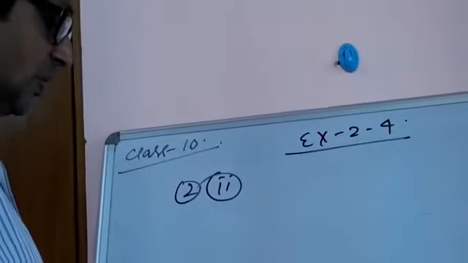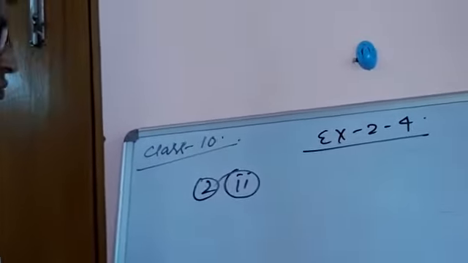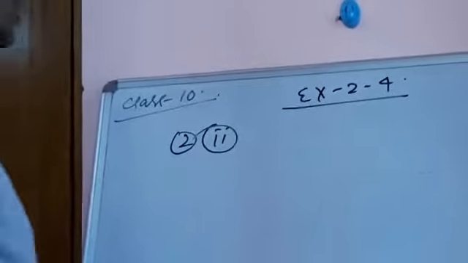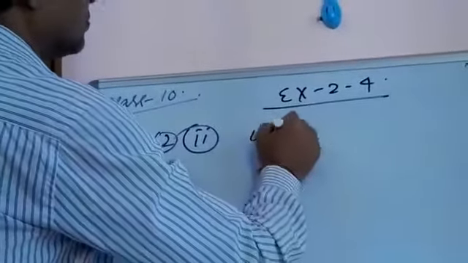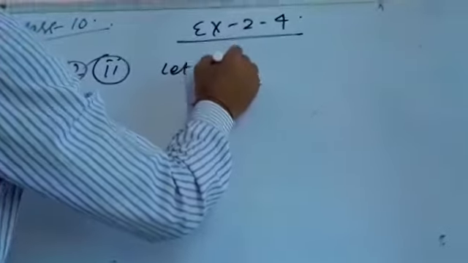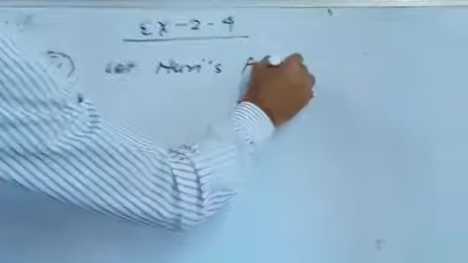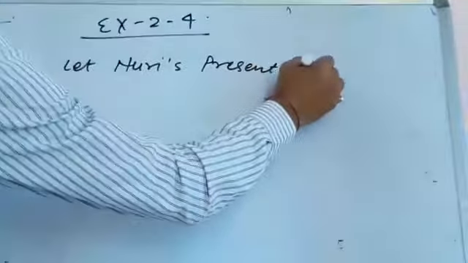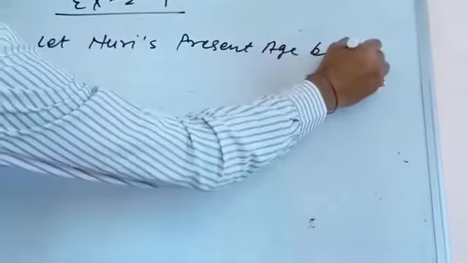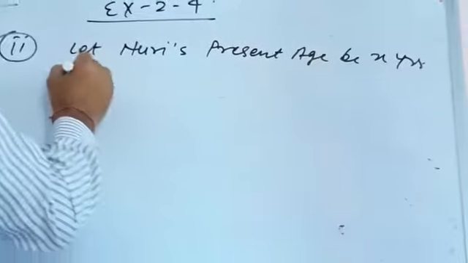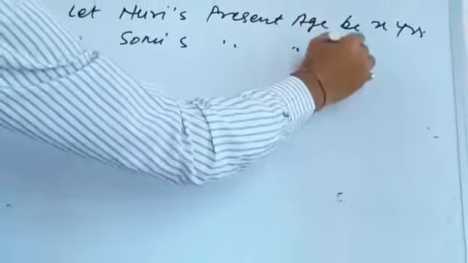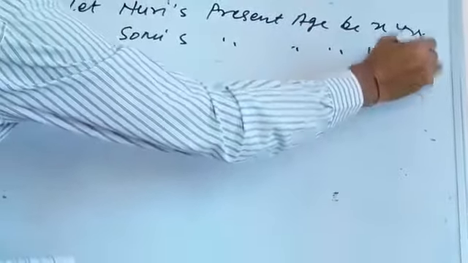5 years ago, Nudi was thrice as old as Sonu. So how many persons are involved here? Nudi and Sonu. First, what will we write here? Let Nudi's present age be x years. Let Sonu's present age be y years.